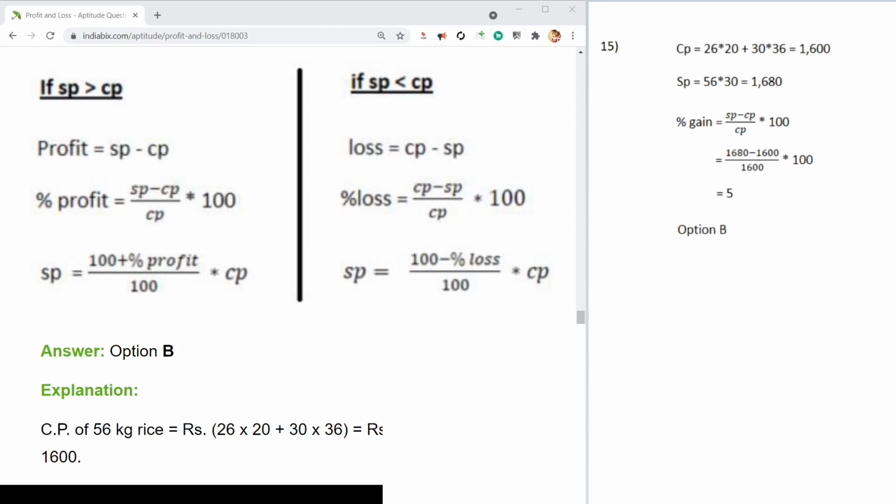Loss equals CP minus SP. Percentage loss is equal to (CP minus SP) by CP into 100. From the equation we can write SP as (100 minus percentage loss) by 100 into CP. Only these formulas are sufficient. The only thing is we need to understand the question correctly and apply the formula correctly. That's it.